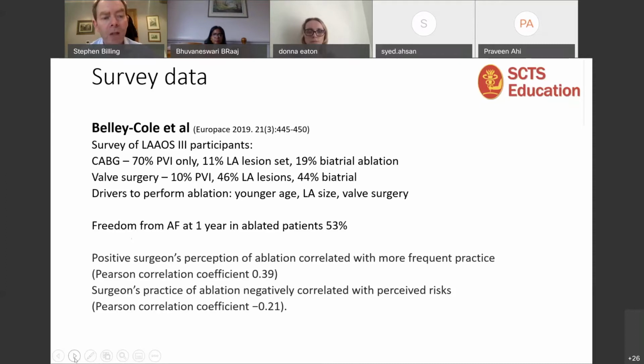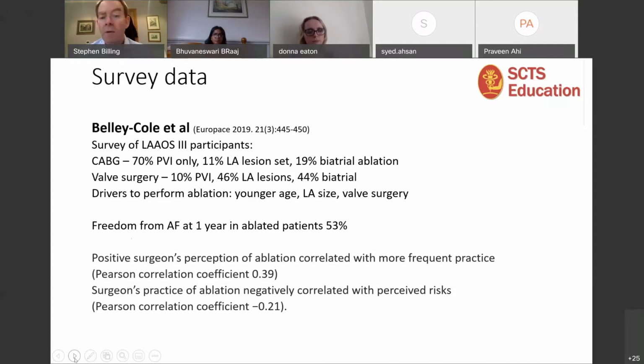Now, amongst this group, the factors which would lead them to be more likely to ablate would be young age of patient, smaller left atrium, and the presence of valve surgery, and we can understand all of those factors. However, it worked reasonably. So in ablated patients, the freedom from AF at 1 year was 53%.